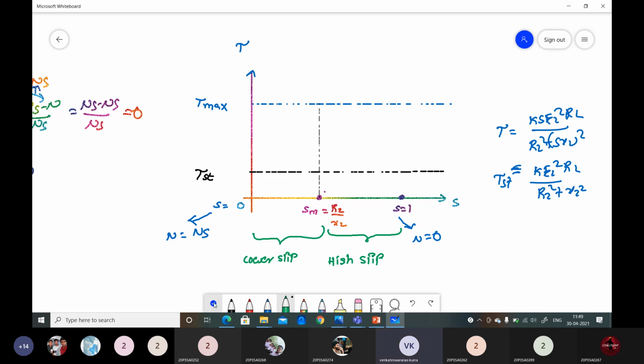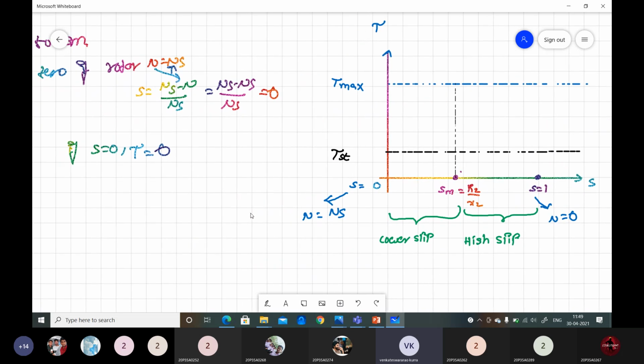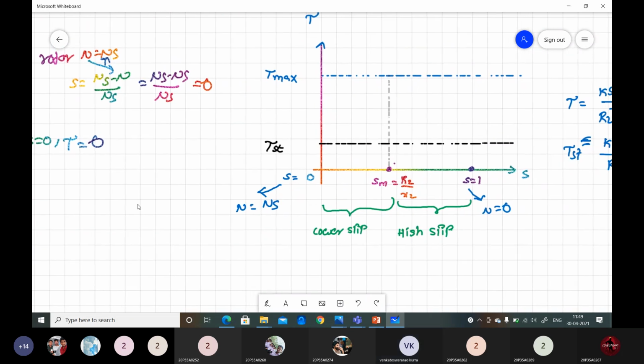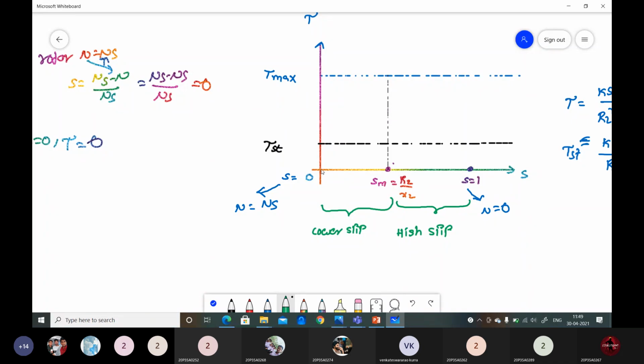So at slip S equal to 0, torque equal to 0. So next, tau is proportional to S. As slip increases, this torque increases linearly up to the maximum value.